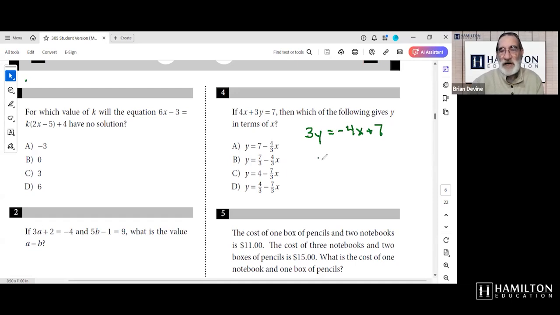Then I'll isolate y by dividing by 3. So I divide this by 3, I get -4/3 x. Divide this by 3, I get 7/3. So I want the one that says 7/3 minus 4/3 x. There it is right next to it. So B is the correct answer.